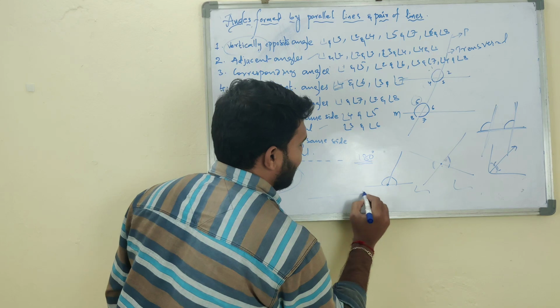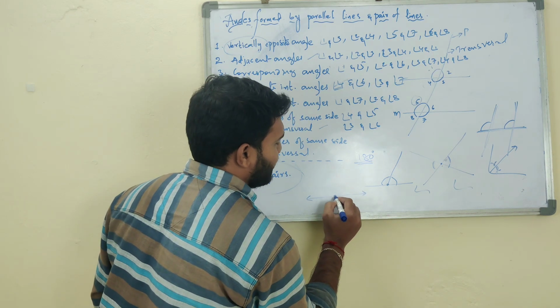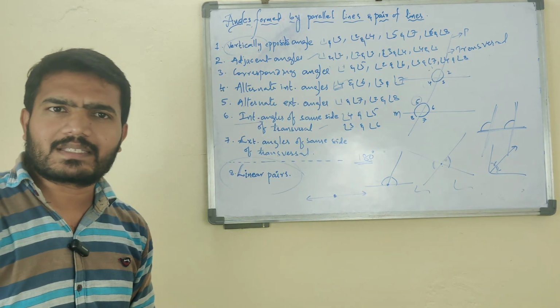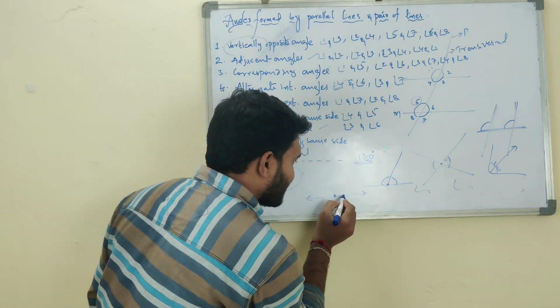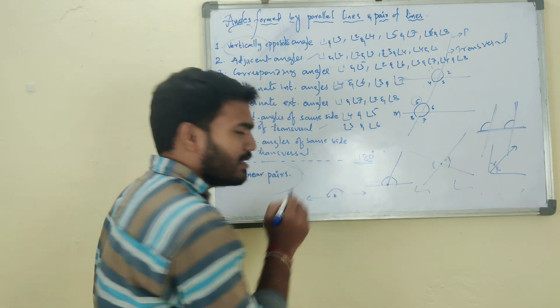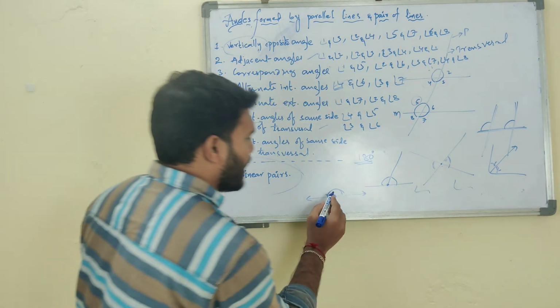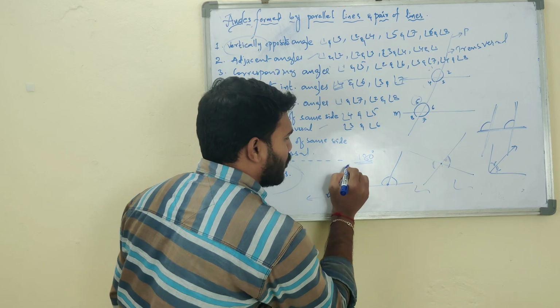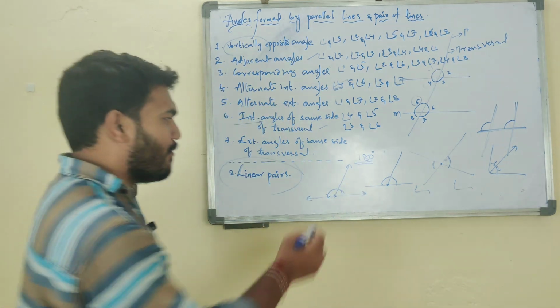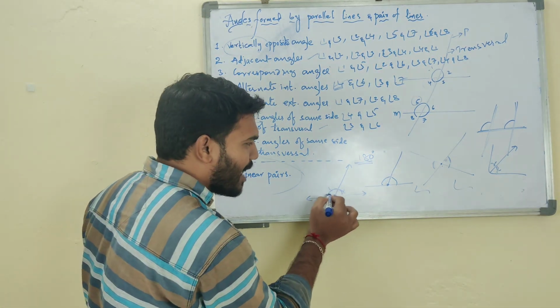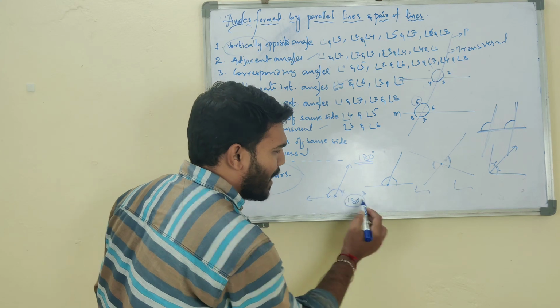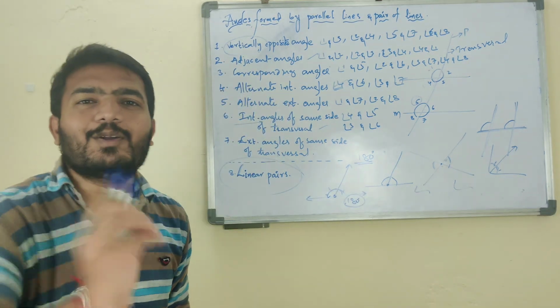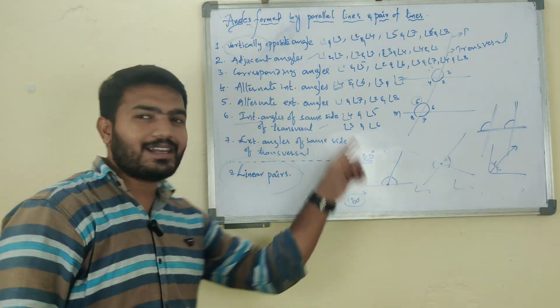For example, let's say this is a ray where this is the end point of two rays. This angle is called what? A straight angle, right? If I divide this straight angle into two parts through a ray, whatever angles are formed here, the sum of the angles is obviously 180 degrees. But that 180 degrees is divided into two parts. Hence, these are called linear pairs.